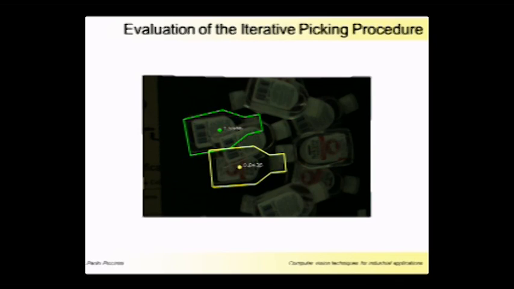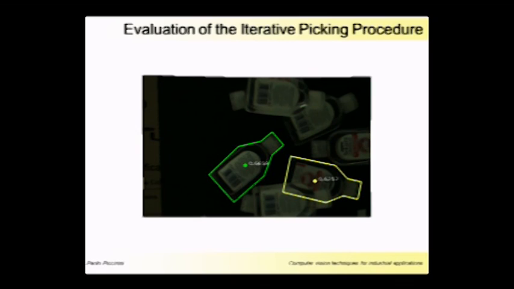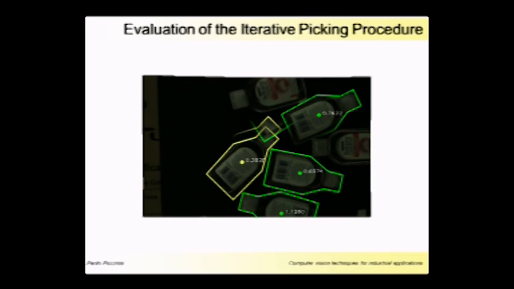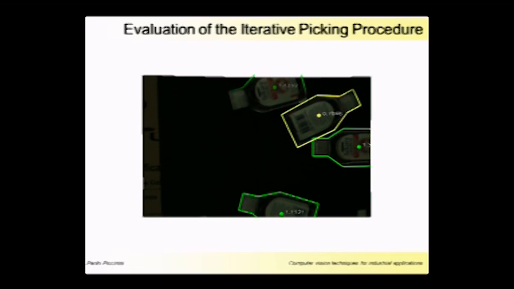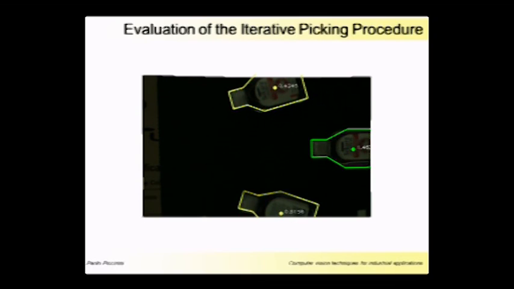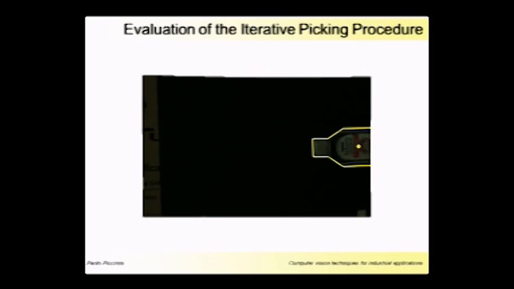In order to do that, we simulate the picking process, manually picking the object. This should be yellow, and this must be the selected object to be picked up. And iteration after iteration, the system is always able to detect one or more objects, and is always able to pick up an object.